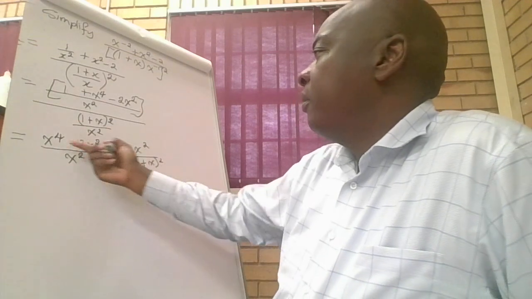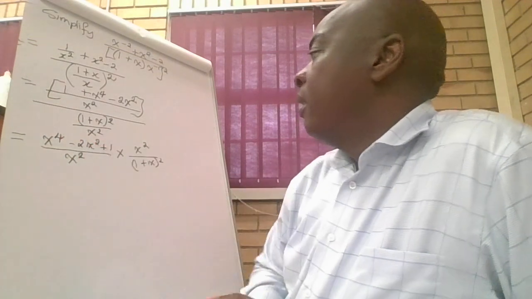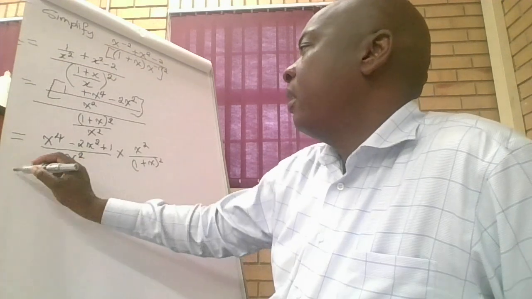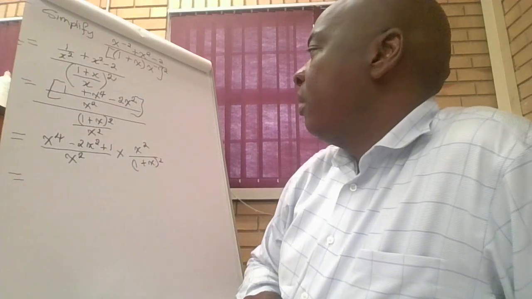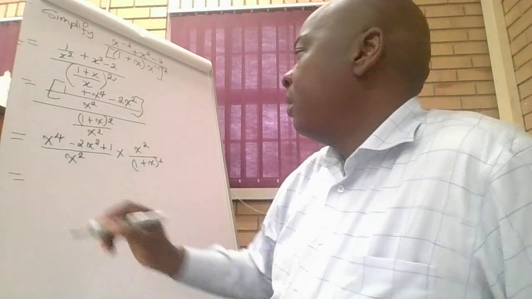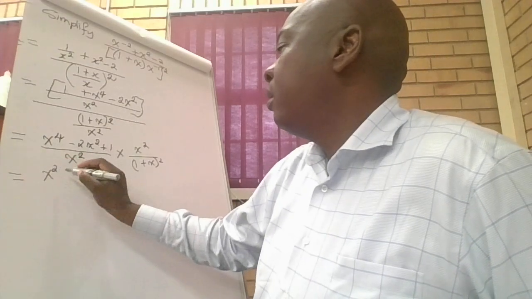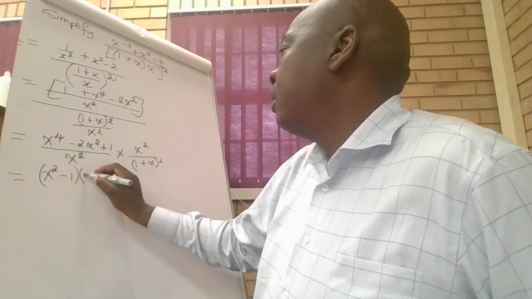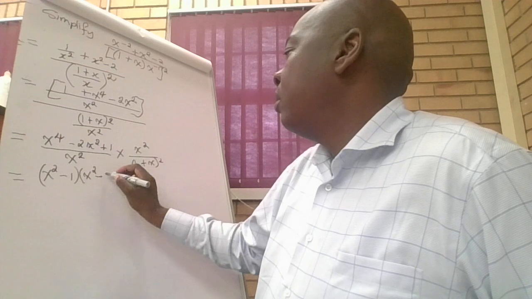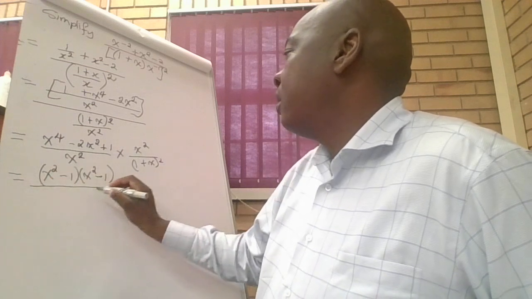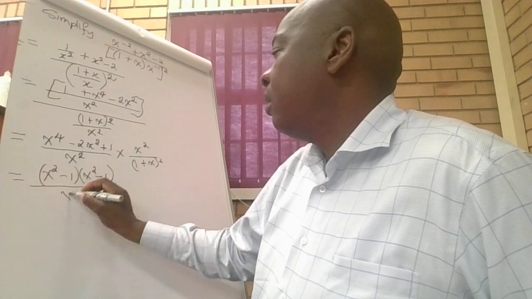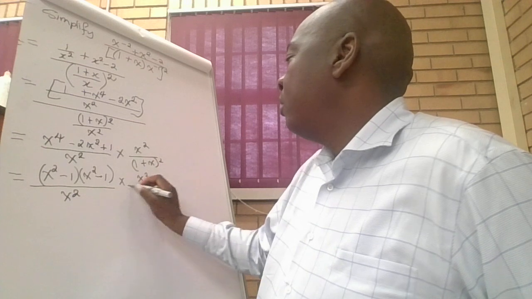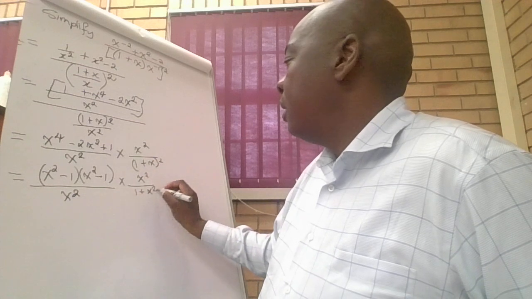Now, if we look at this fraction here in the numerator there, we can factorize it. And if we factorize that, we are going to get x squared minus 1 times x squared minus 1, and all that is over x squared multiplied by x squared over 1 plus x squared.